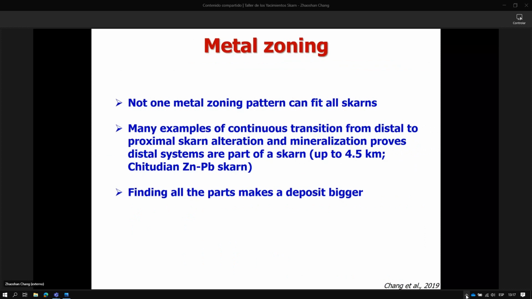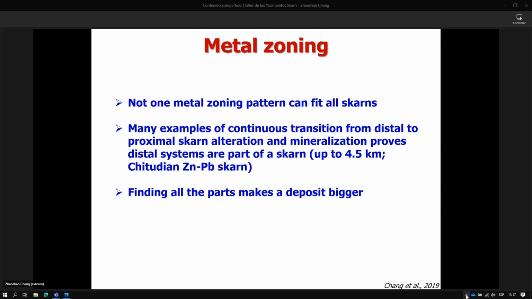Okay, so that's combining both the geometry and the zoning pattern. As a summary, not one zoning pattern can explain everything; I have to consider different scenarios. Another thing is that in the old days, when you saw a zinc-lead skarn with no intrusions around, people always doubted whether it was related to an intrusion center or not.